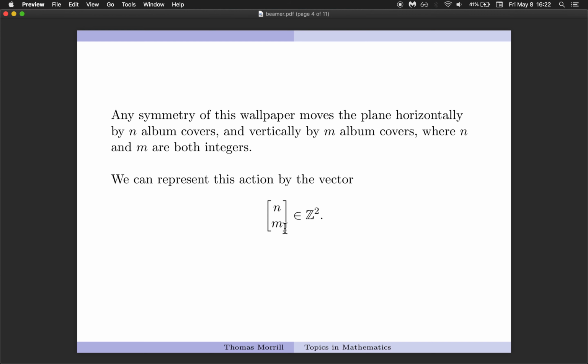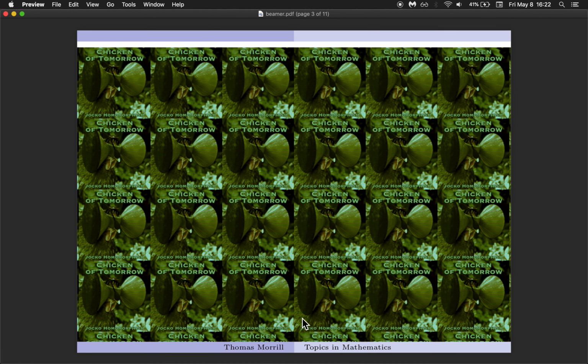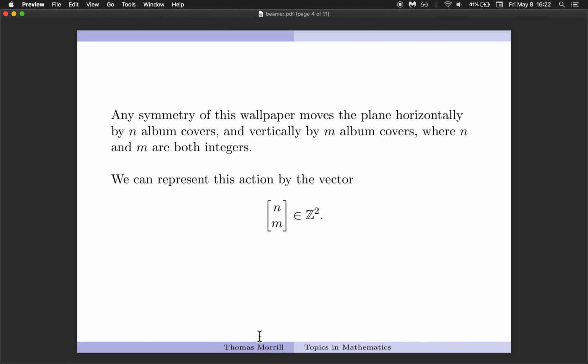N and M are going to be the coordinates, and both of these are integers because I have to move by whole number amounts, positive for forwards, negative for backwards. So this group of symmetries of my wallpaper design is actually the group of integer vectors. I'll call this Z squared.